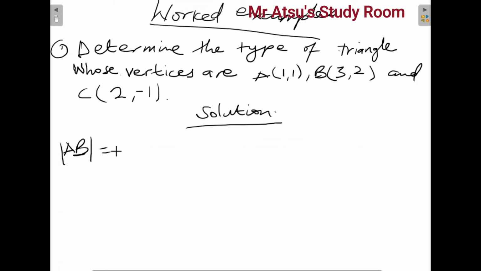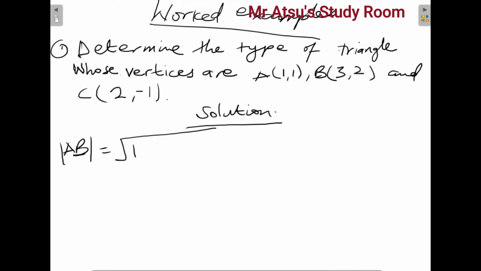Then we compare. Finding the length AB, our x1 is 1, y1 is 1, x2 is 3, and y2 is 2. I advise you to write them at the top so that you don't get confused. So let's fix that into our formula.